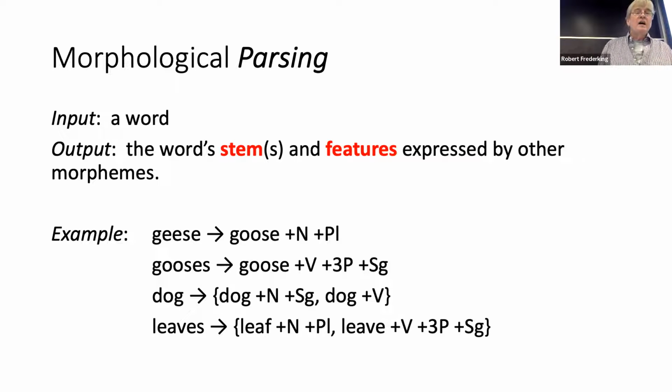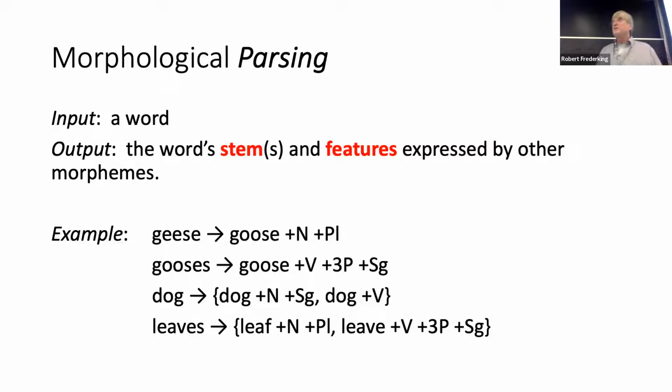So for geese, because it's irregular, it's just stored in the lexicon, which says, okay, geese is the plural of goose and it's a noun. But goose can also be a verb. And so goose is actually a word that shows up, but as the verb, it's third person singular. Similarly, dog can normally be a noun, which is the singular version of a noun.